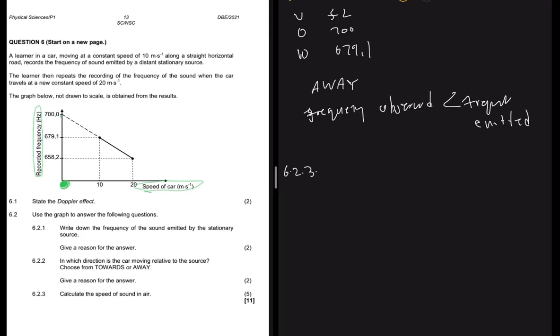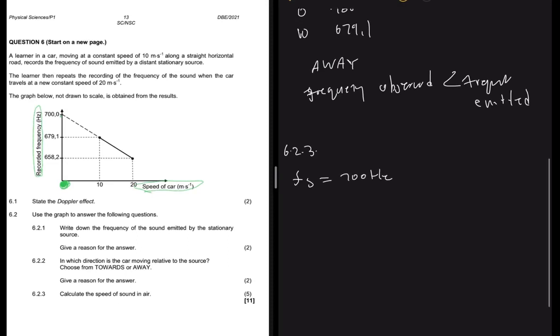So again, the first thing to do is to jot down the given information, right? So now we know that the frequency of the source is 700 Hertz. So we're gonna write that down. The velocity of sound is our unknown, right? And the velocity of the source is 0.